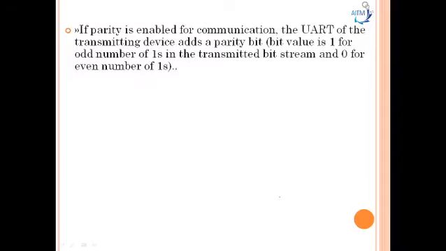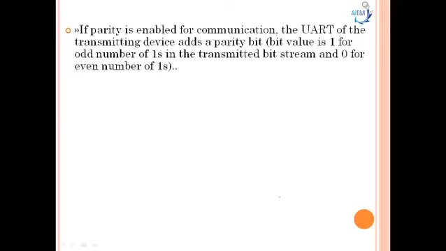If parity is enabled for communication, parity mainly checks the number of ones in a byte of data here. If the number of ones is odd, then the bit value is set to 1 here. If the number of ones is even, then the bit value will be set to 0.